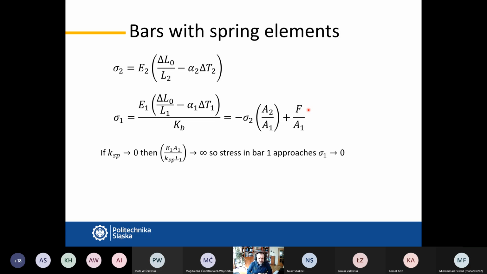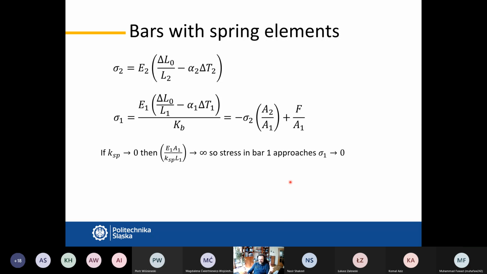Now, if K spring tends to 0, so if the spring constant approaches 0, it means that there is almost nothing. So it exerts no force. So it's a very, very elastic spring. So it generally exerts no force. In such a situation, we would have no stress.